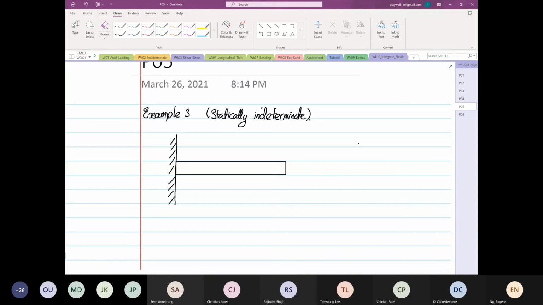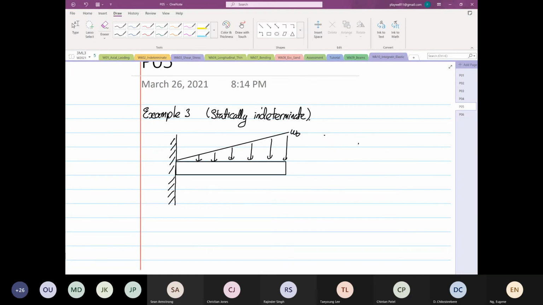Then we have a triangular load, and again at the peak it is omega naught. You guys say, hey, we have seen this before.